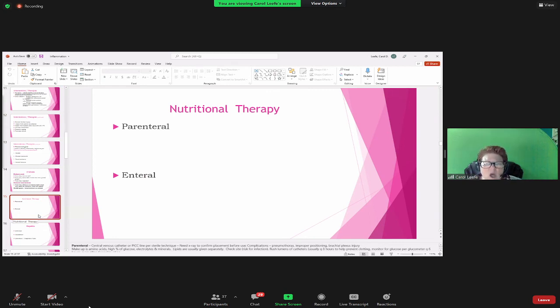And this is the only thing that can be, quote unquote, piggybacked into the TPN, but it has to be piggybacked to the port that's closest to the patient. Okay. So usually only this much is actually mixed.